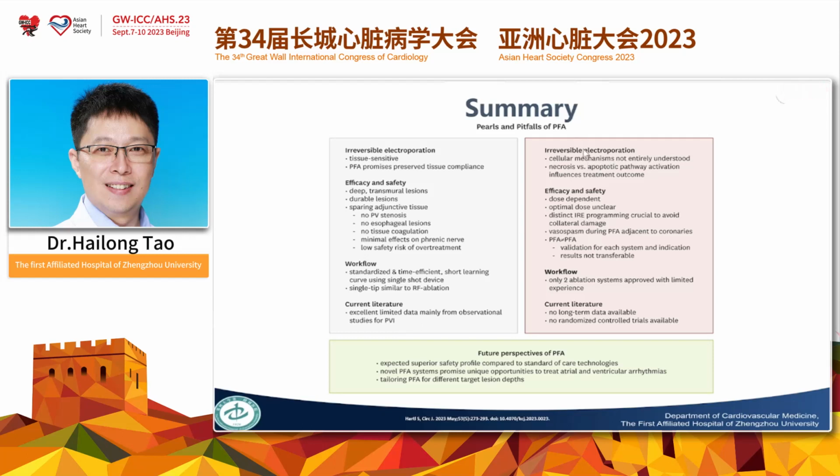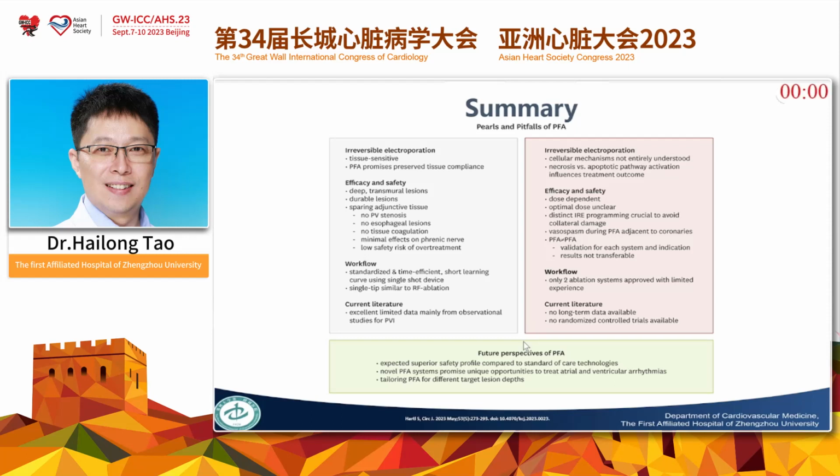And for the pitfalls, the shortcoming of PFA is that several mechanisms are not entirely understood. For the mechanism, that is something we can know for now. And also for efficacy, the dose is dependent on different individuals, and the optimal dose is unclear also.